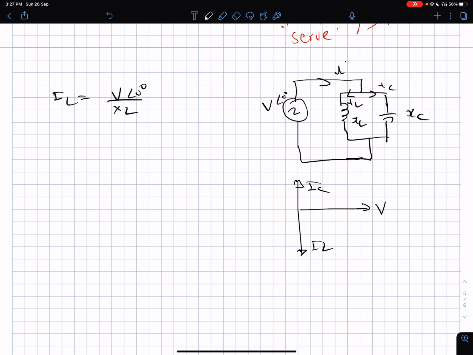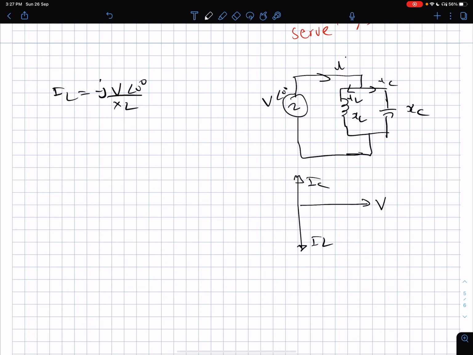The current is going to lag by 90 degrees. So I'll write it as minus jV by XL, and IC as plus jV by XC amps.